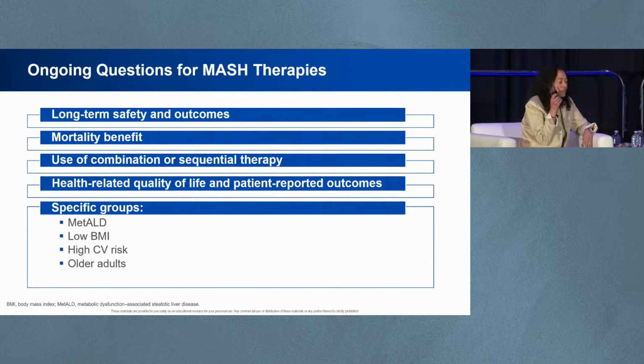You're prescribing it for the liver, but you're getting those other benefits. On the other hand, a lot of people don't tolerate GLP-1s, or don't want to take an injection. In that case, if they don't have those other comorbid conditions that are uncontrolled, you might start more with resmetirom and see where you get there.